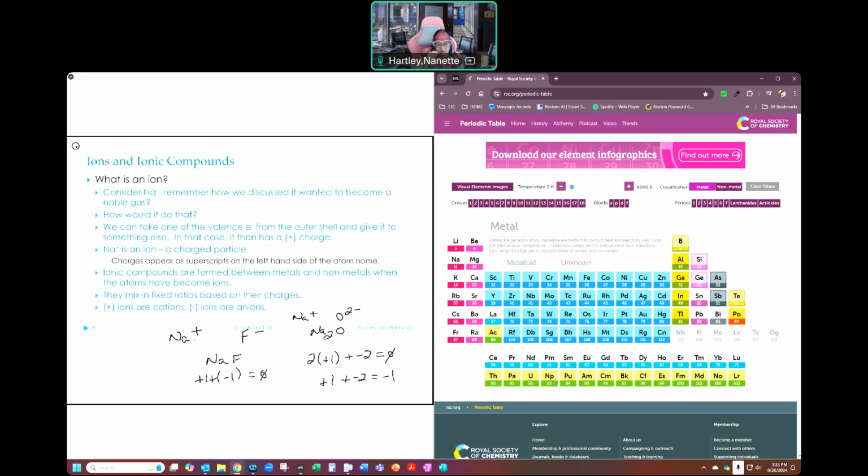So that's how I remember how those charges work. Positive ions are cations, negative ions are anions. Is it important that you remember that? Well, kind of, because I'm going to throw those words around like you know what they are. So you'll need to be familiar with those terms.